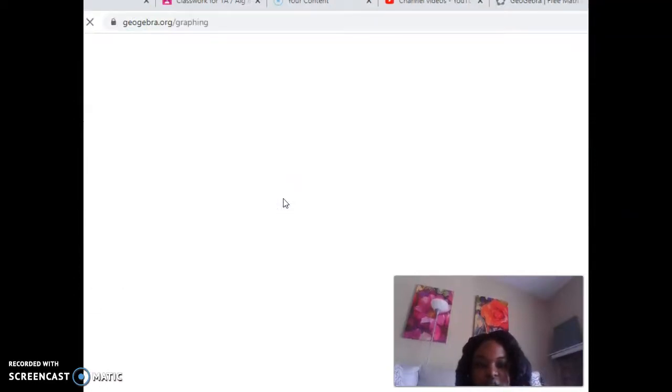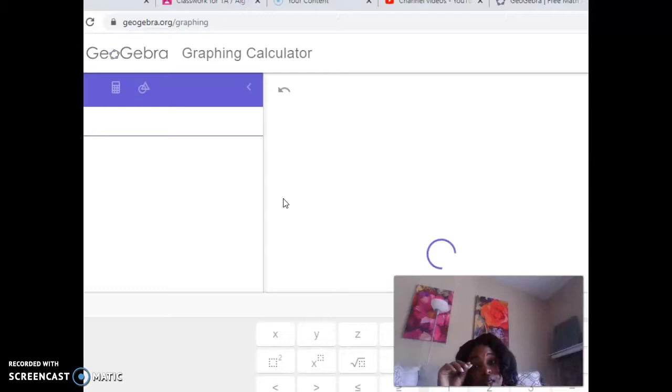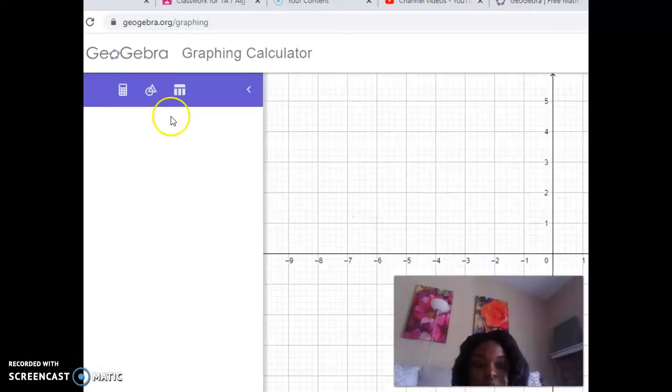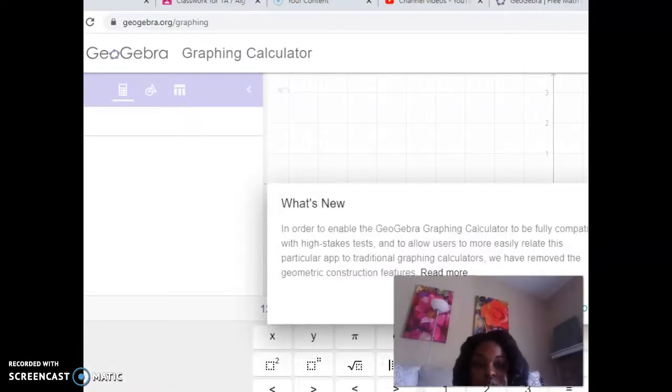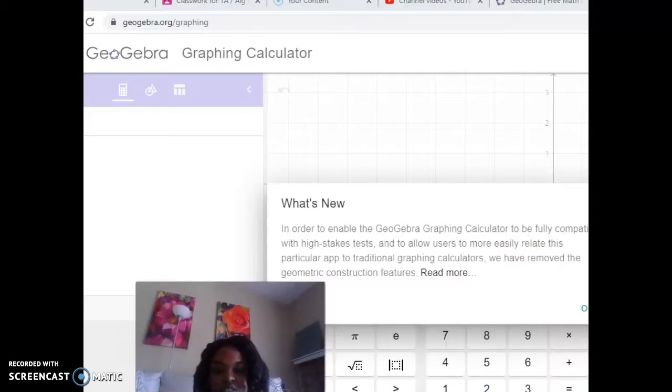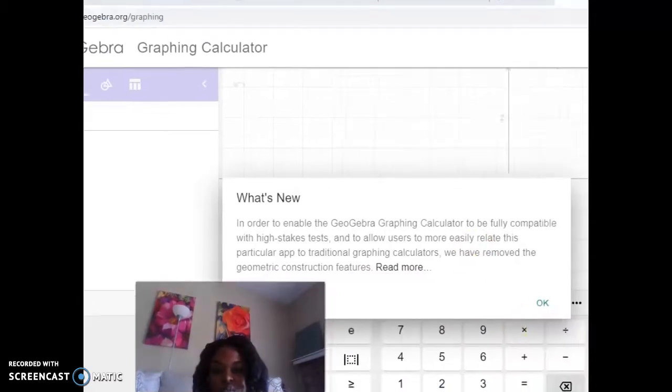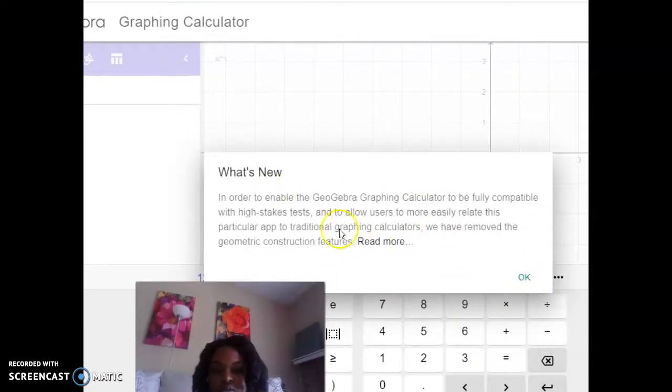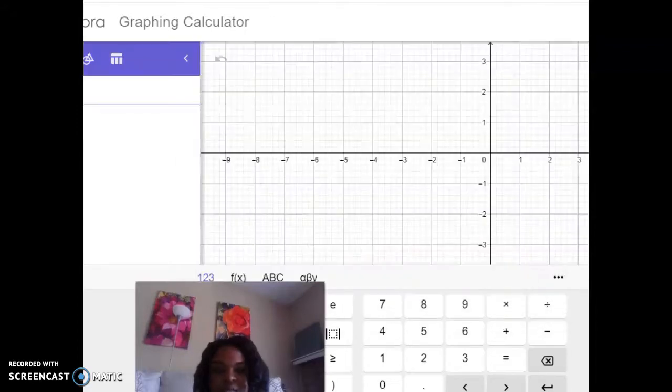You're going to click start graphing. So I'm just waiting for it to load. So it gives us a little message here. Extend this a little bit.